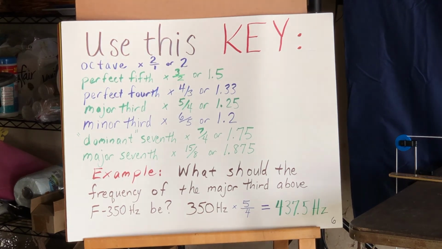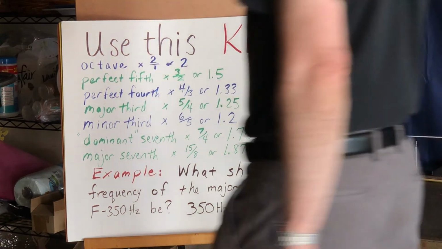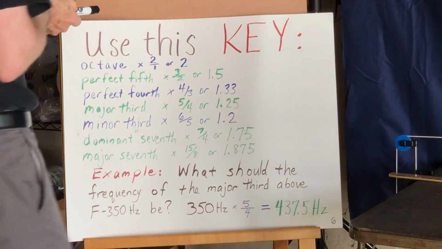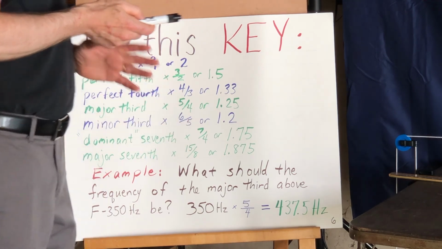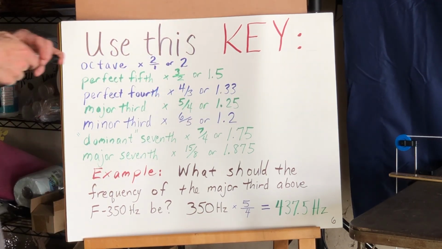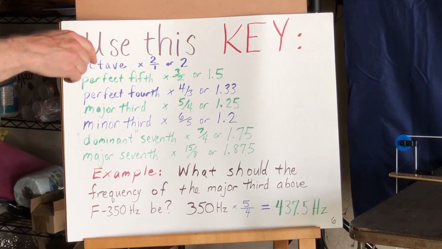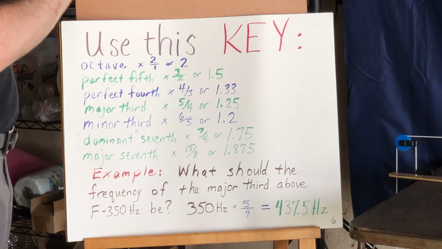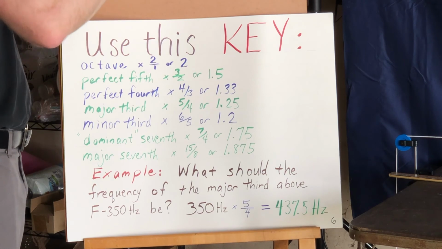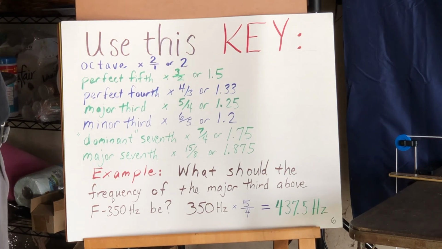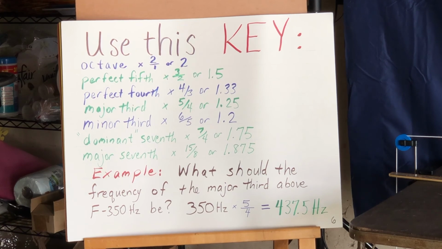There's only one other one I think we're going to do right now, and it's this dominant seventh. Now, when I'm talking about the dominant seventh, I'm talking about when you hear da da da da, that note there, and it's a very common note in barbershop harmony.